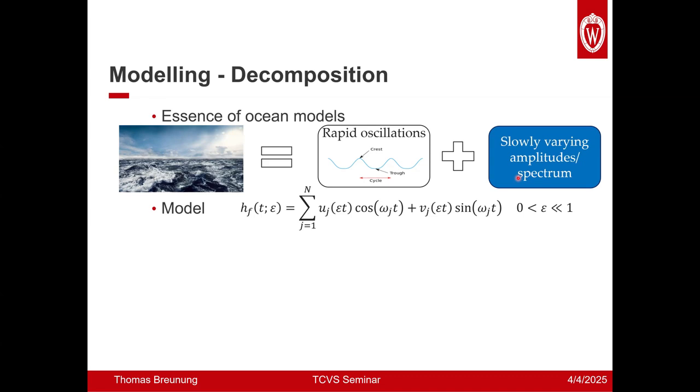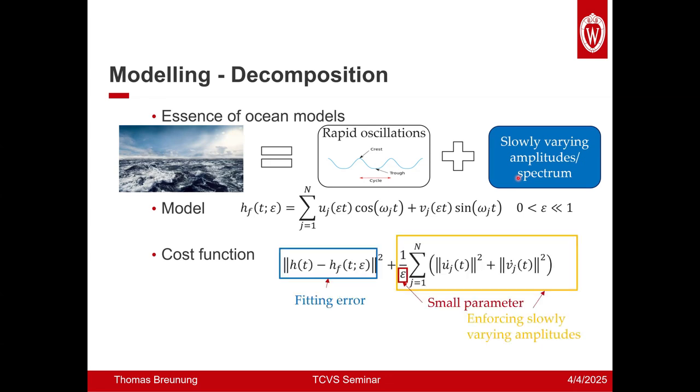And to use this model, we need to fit it to data. We use the following cost function. The first term enforces that the model accurately represents the measurement, as it penalizes the fitting error. The second term enforces slow variations in the amplitudes, and it is scaled by a small parameter, which is a hyperparameter one has to select.